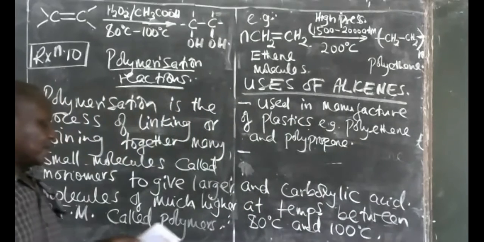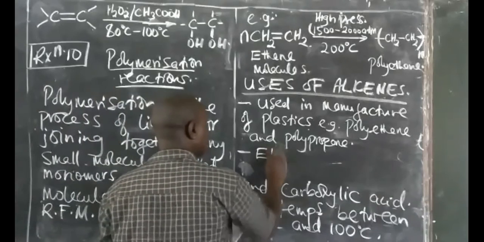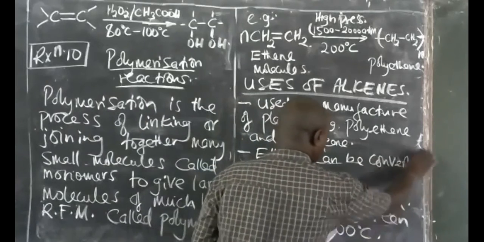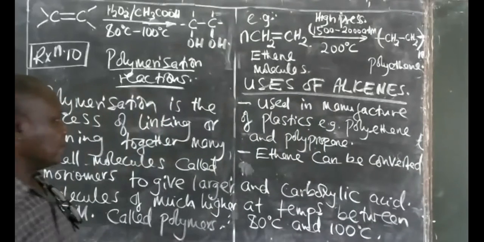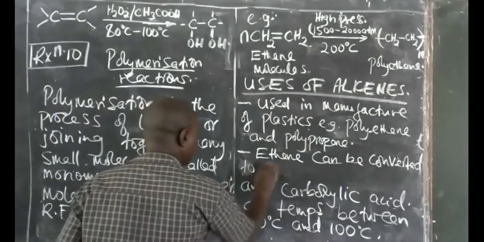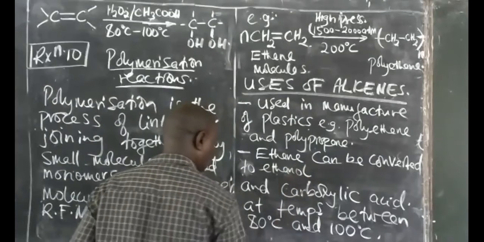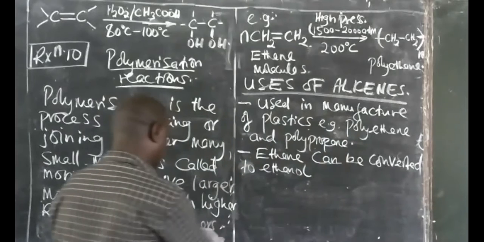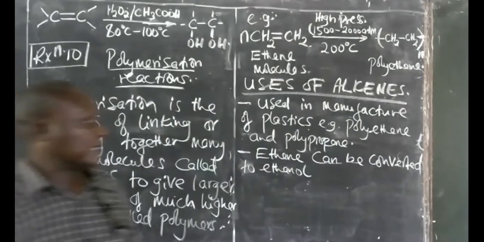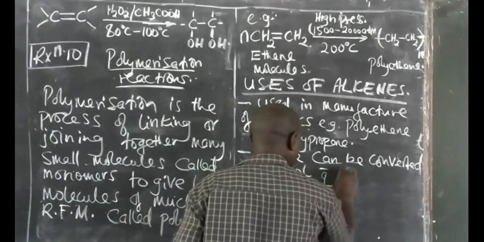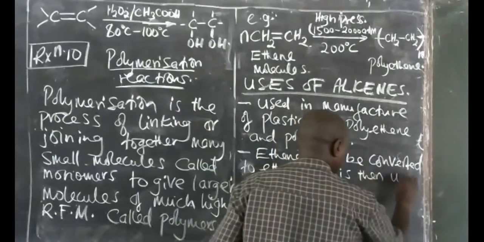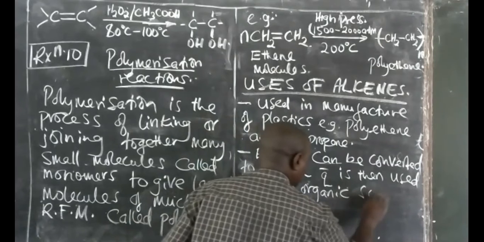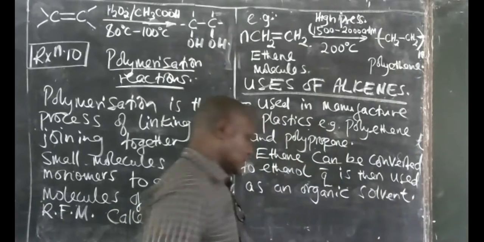Another use is, ethene can be converted to ethanol, which is then used as an organic solvent.